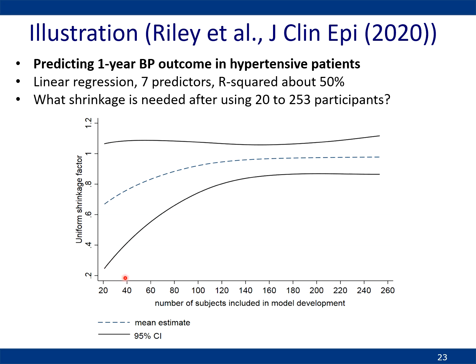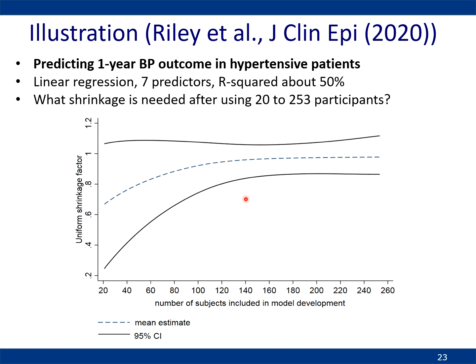Obviously, as we increase the number of subjects, the uniform shrinkage factor estimate gets closer and closer to 1. Around 100 participants we get a shrinkage factor of 0.9, and it's only around here that the uncertainty around the estimate starts to get reasonably narrow.